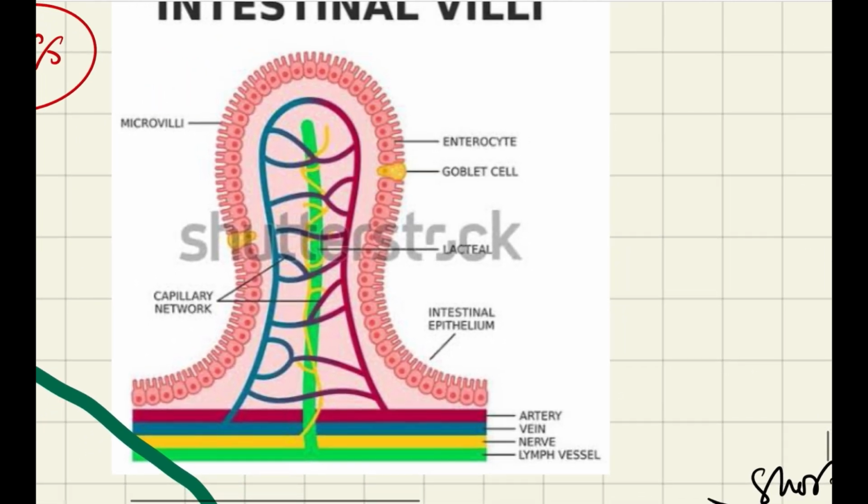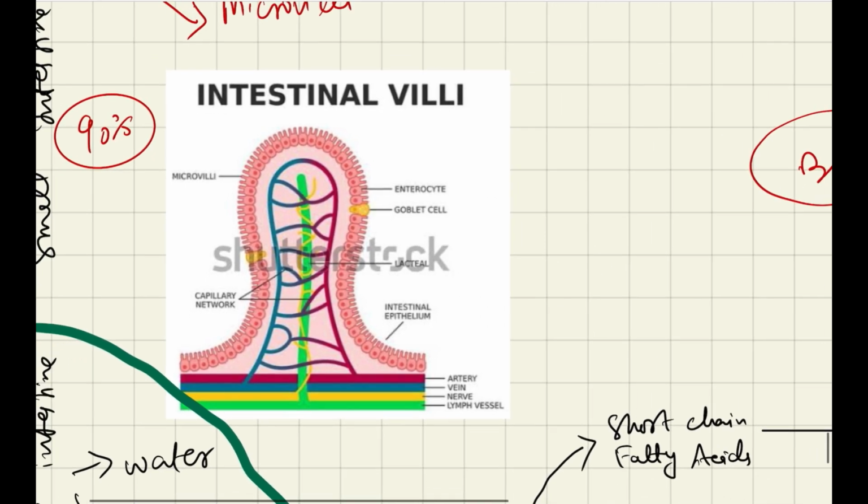Besides this, the most important thing here is that we are seeing this capillary network, and then in between there is a lymphatic capillary which is known as lacteal. We will see the roles of these, because the things which get absorbed through this villus directly enter the blood or the lymphatic system, and this is the major thing, the villi.